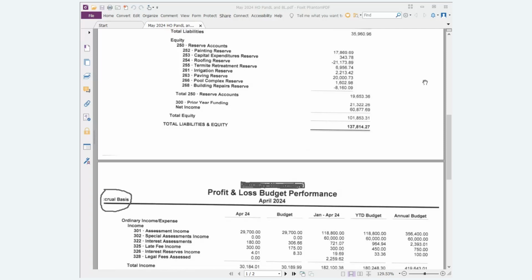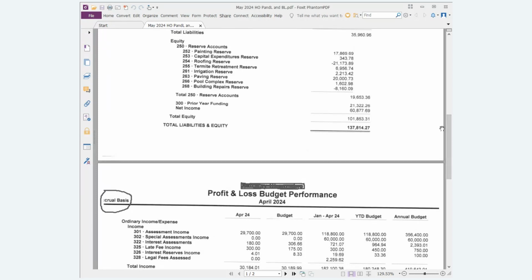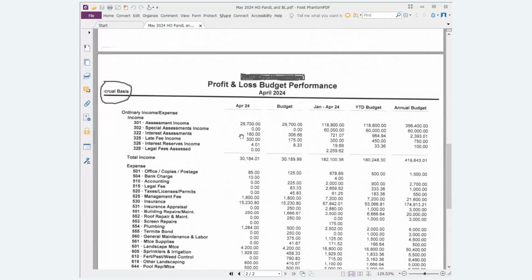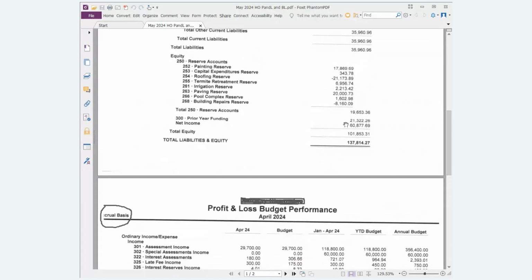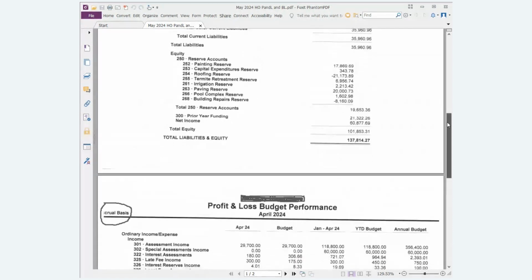And in accounting, of course, we're talking about bookkeeping, but a useful tip here is that accounting uses a lot of ratios. So here you should have a ratio of about 10-20% of your annual assessment. So you'd be looking for, this assessment is 29,700 is the annual assessment. So you'd be looking for ideally a number here of about 29.